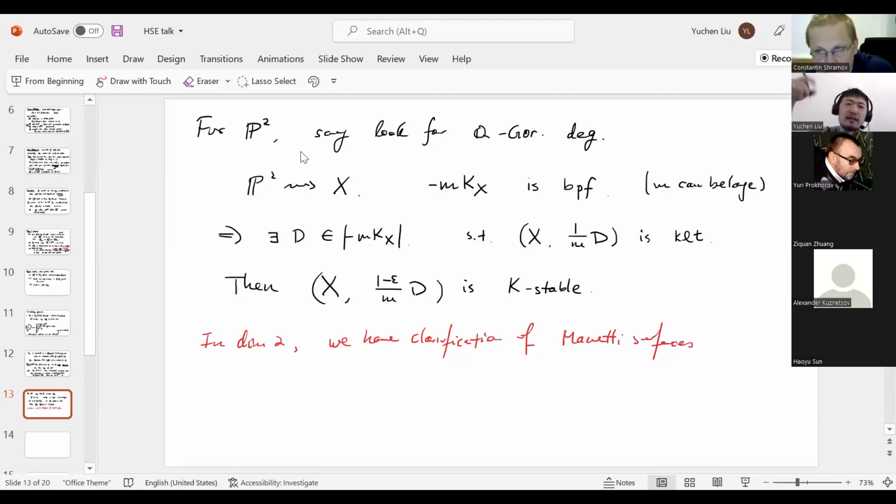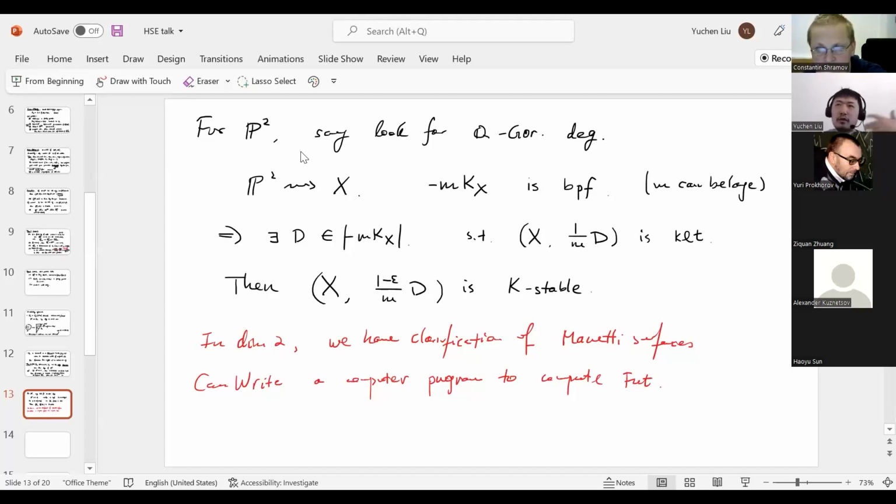So you kind of know the candidates that could appear in the moduli space, and then you can write a computer program to compute the Futaki invariant. This way, I have done this program for degree 8 and perhaps degree 10.